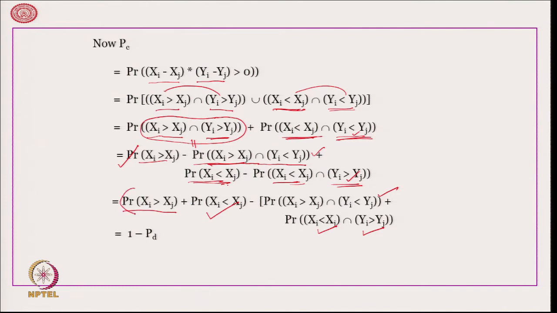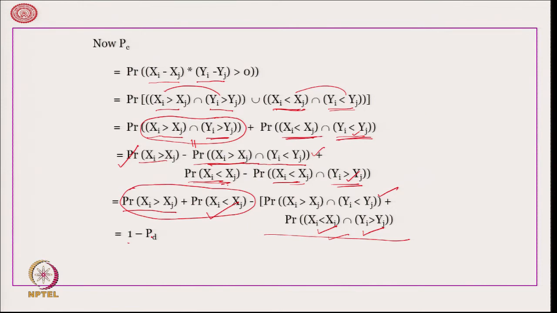Now, this part is equal to 1, because under continuity either x_i is greater than x_j or x_i is less than x_j, therefore their sum is going to be 1, and this is nothing but the probability of discordance between (x_i, y_i) and (x_j, y_j).